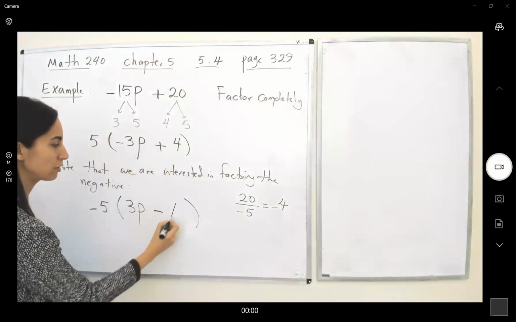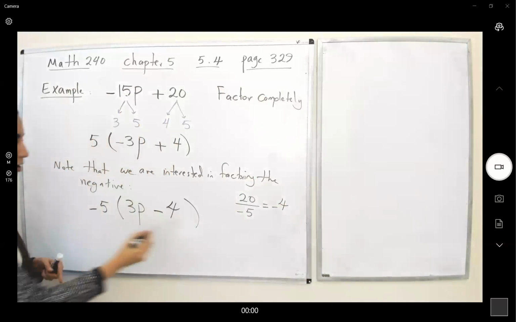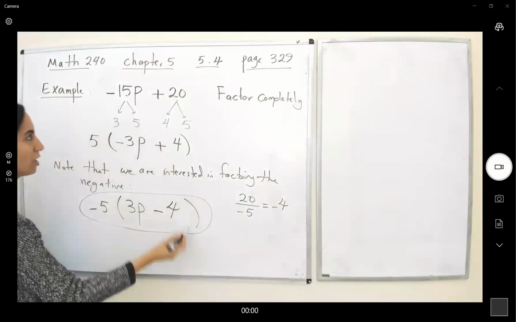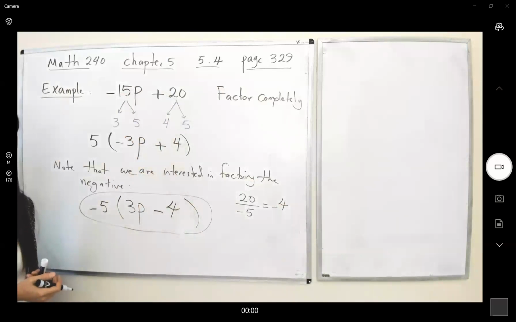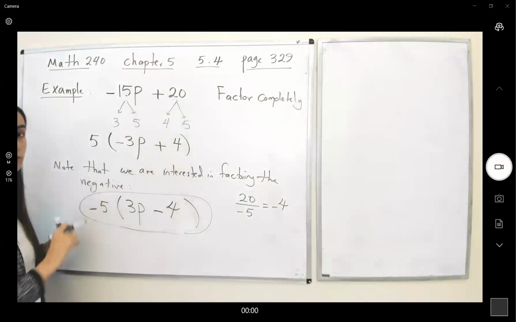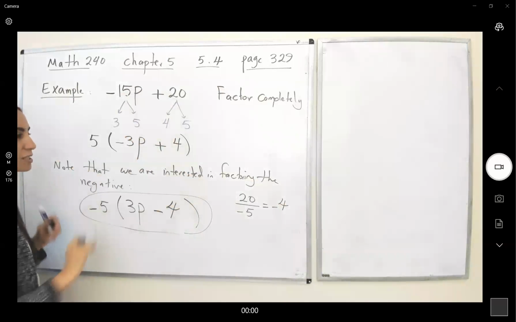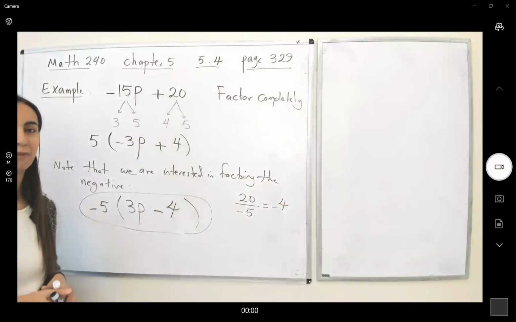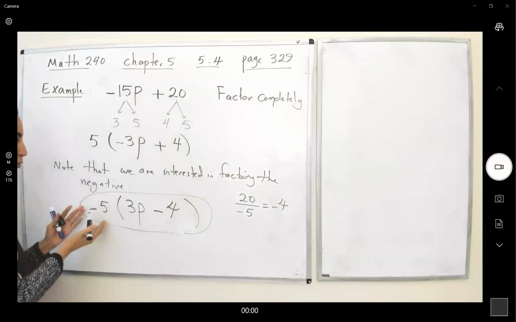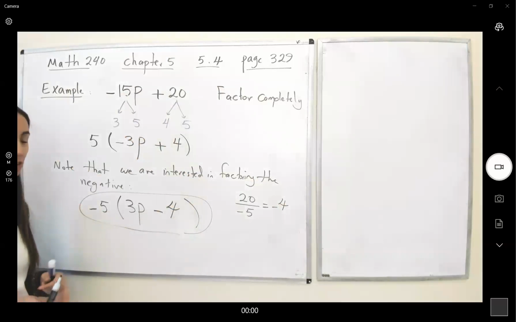So this is the complete factorization of the expression that you have. Again, this is not wrong, but you're interested in factoring the negative number. On the exam and the homework, I expect you to know how to factor out the negative number.